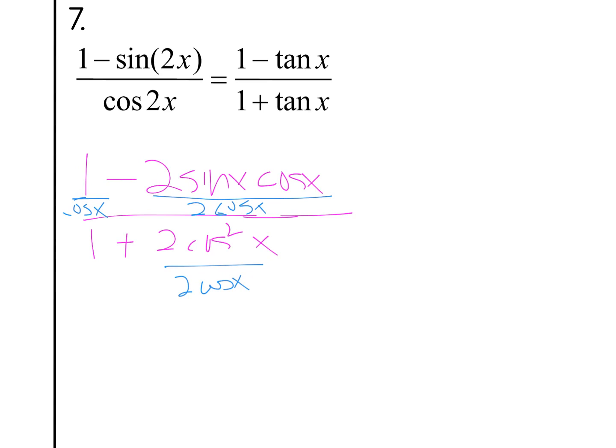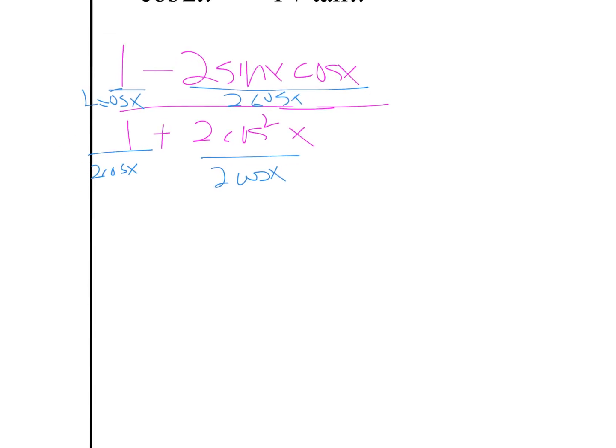I don't have enough room. There we go. 2 cosine x and 2 cosine x. So I divided everyone. I think I'm going to get there. That's going to give me 1 over 2 cosine x minus, so those are going to cancel. Ooh, I need an extra cosine, don't I?